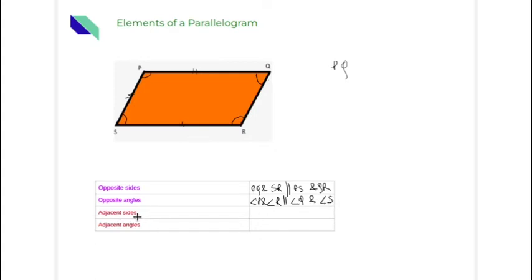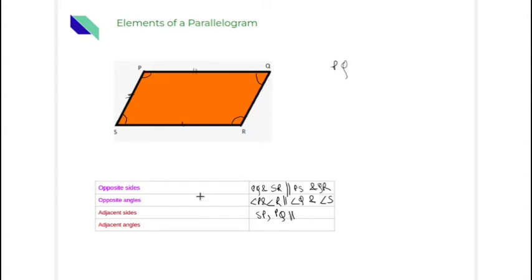Now, adjacent sides. Adjacent sides means continuous, connected to each other. First we will consider SP. SP is connected with PQ. So, these two are adjacent sides. SP and PQ are adjacent.